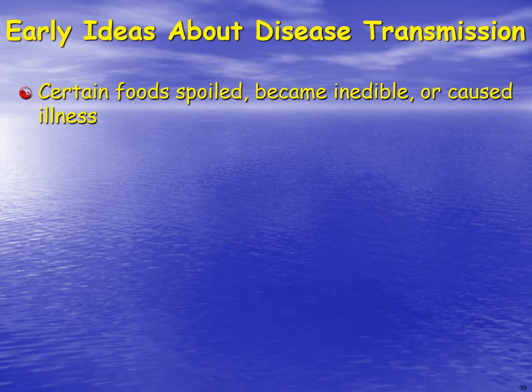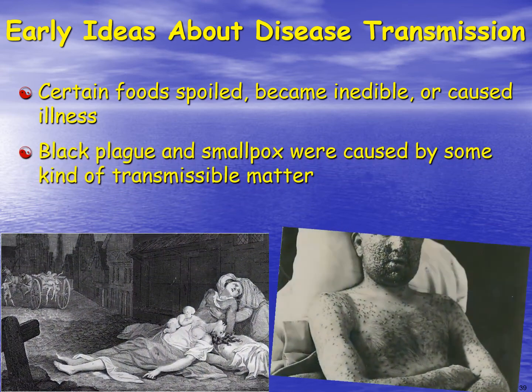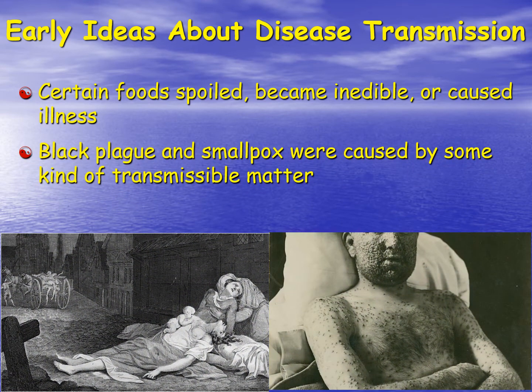Now, early ideas about disease transmission were very difficult because people couldn't see the microbes. They understood that certain foods would spoil, they would become inedible, or they would cause illness and disease. For example, think about the Black Plague in the Middle Ages, or smallpox that has been now eradicated pretty much from the world.